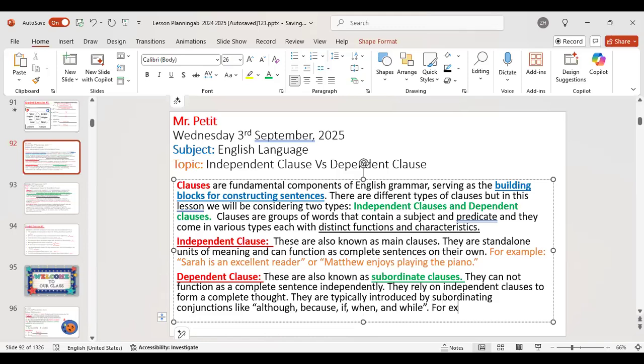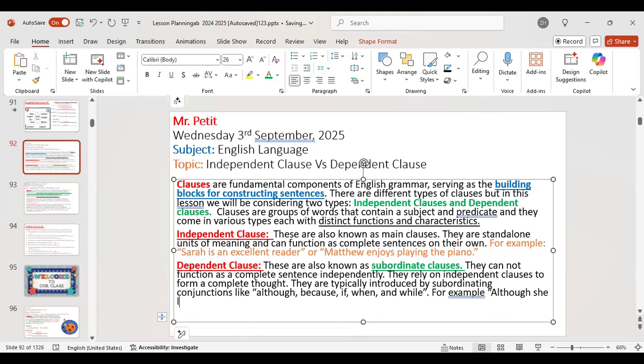For example, we could say, although she loves to read, okay, that's a dependent clause, right? Although she loves to read, or we could say because he practices piano every day.